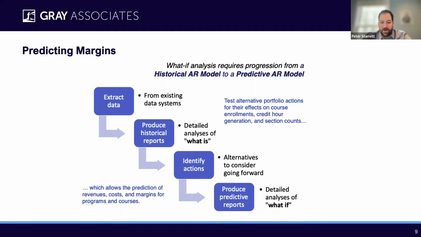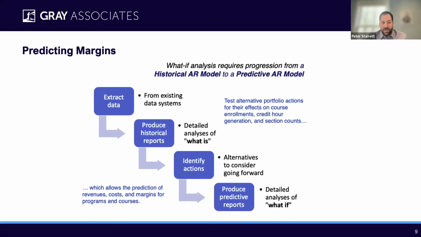And you need that for all the prior years and semesters that you can include, which then you need to be able to pull from existing systems to produce reports, which gets you to historically your what is analysis. What have our revenue, costs, and margins looked like for all those different dimensions?